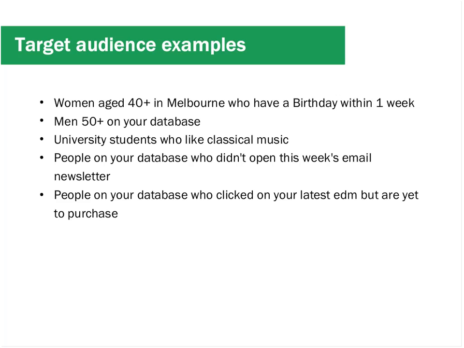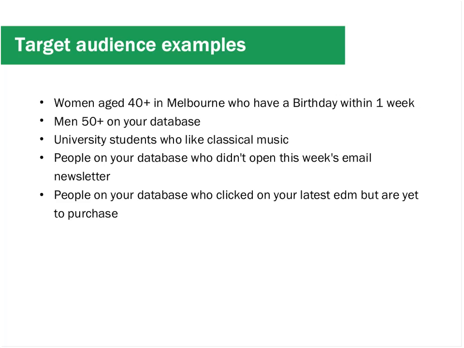You might use your Facebook advertising to target men 50 plus on your database. So yes, you can do that even if you don't know what age they are. Facebook do quite often. So for example, you can load the email addresses for people on your database and then use the targeting tools to refine that further to men who are 50 plus.